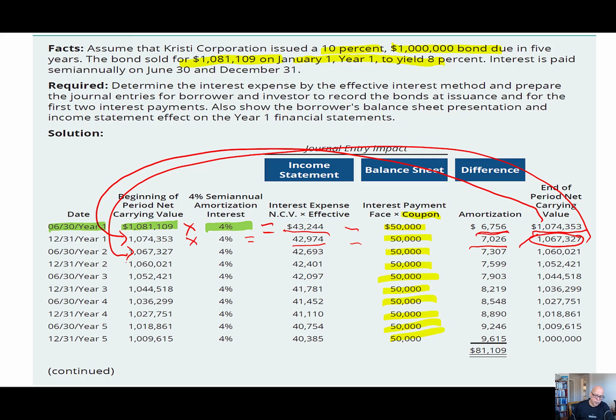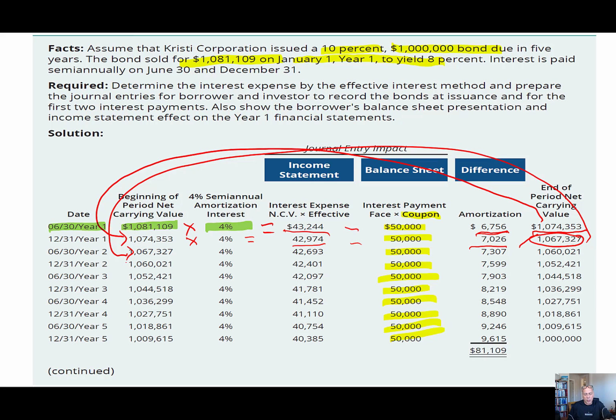Okay, so notice, just like we saw in straight line, the carrying value of the bond keeps coming down period by period, and you can see the mechanics here, but it makes sense if you just stop and think about it for a second. At maturity, I'm only going to have to pay the $1 million. So it makes sense that as I get closer to the date of maturity, the carrying value comes down.